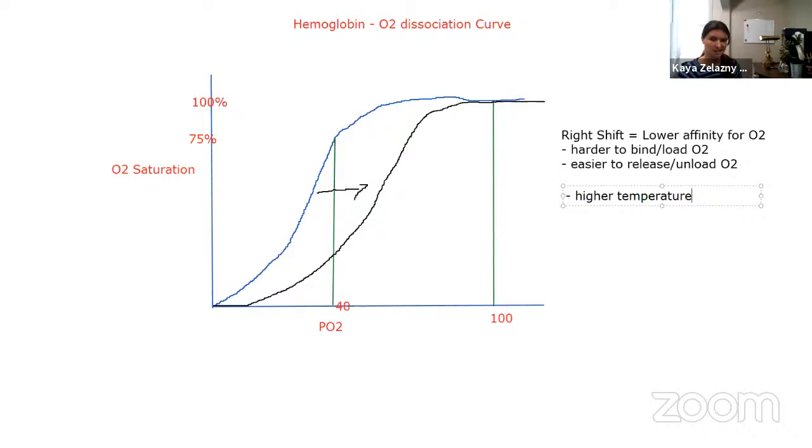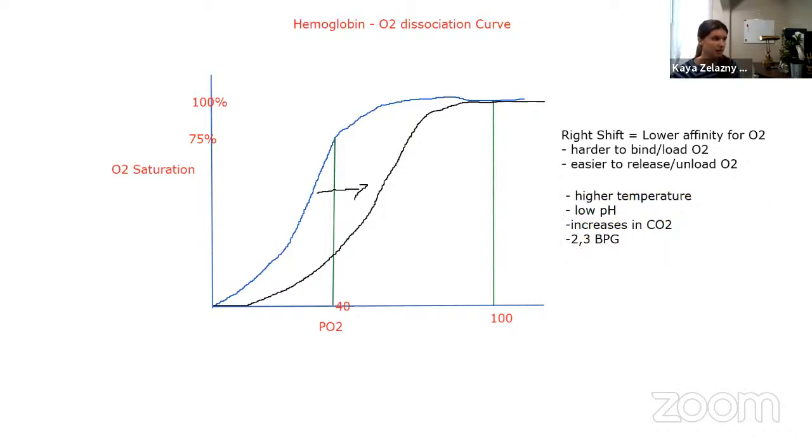Other things we might see are changes in pH, so low pH will cause a right shift. Increases in CO2 cause a right shift. So do increases in something called 2,3-BPG, which we'll see is particularly associated with altitude. So we'll take a look at that in a bit.